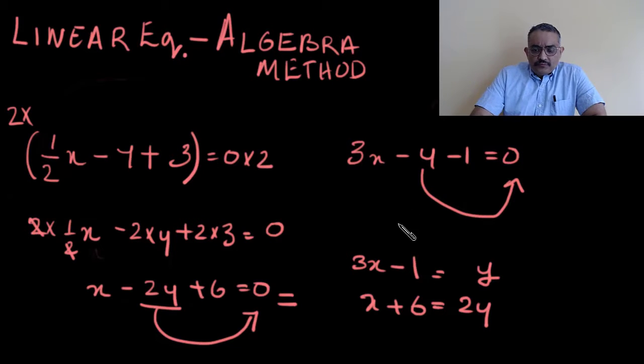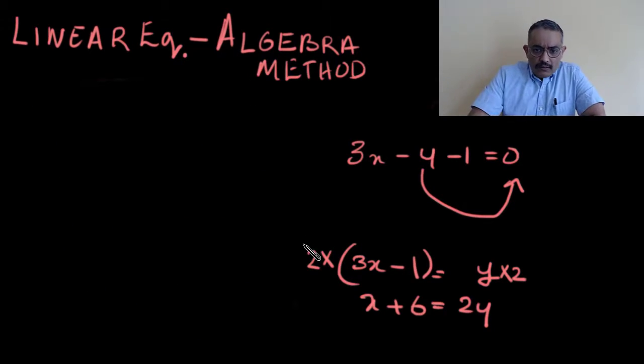Now you know that these two terms are not equal. One is 2y and this one is y. So we need to make them equal by multiplying 2 on this side and 2 on this side.